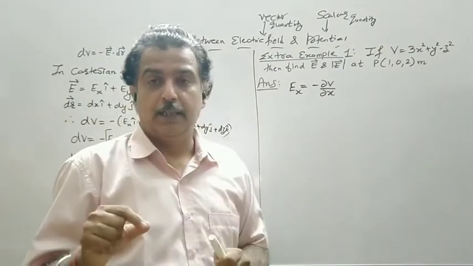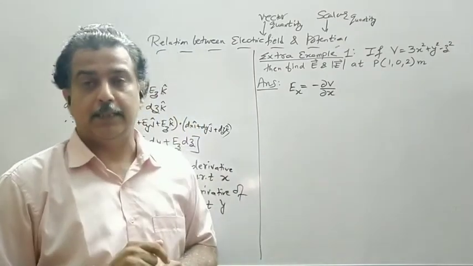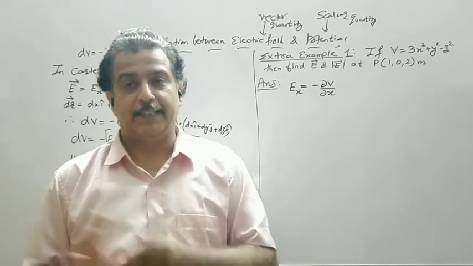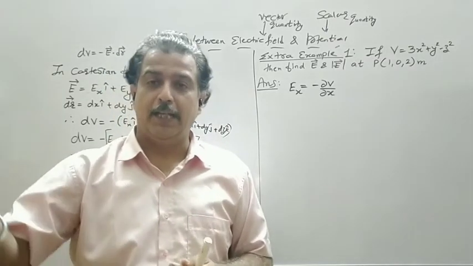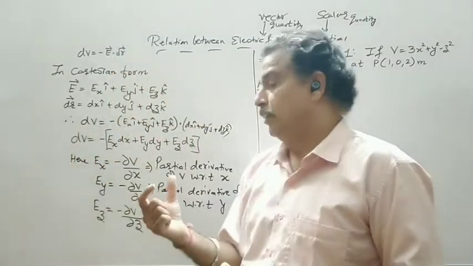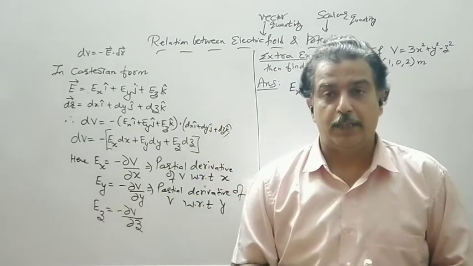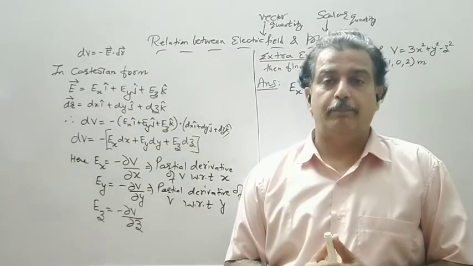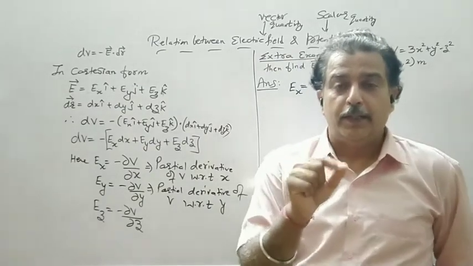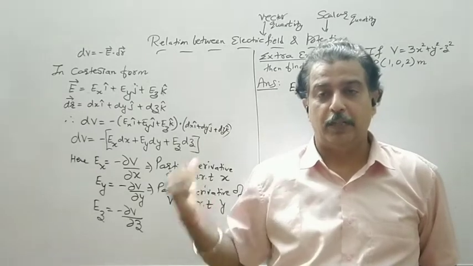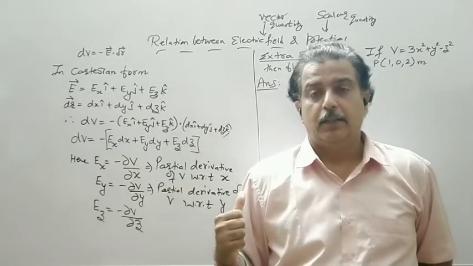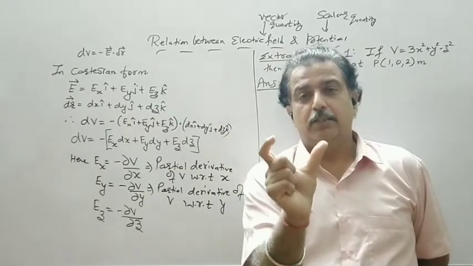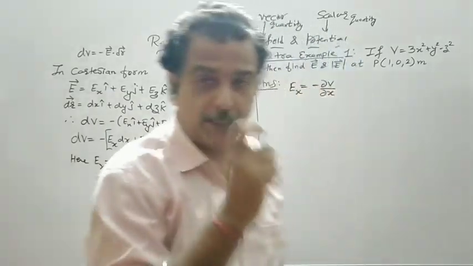Now we know that if the electric field is along the x-axis, the displacement should be of x-axis only. So though I move in a plane, I will take a distance along the x-axis only. So the y and z components are not important for me. Though I move in xy plane that we have seen in the figure, I will drop a perpendicular and will take the distance along the x-axis only. So that is partial.